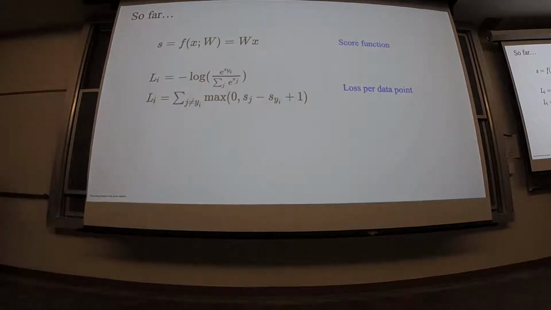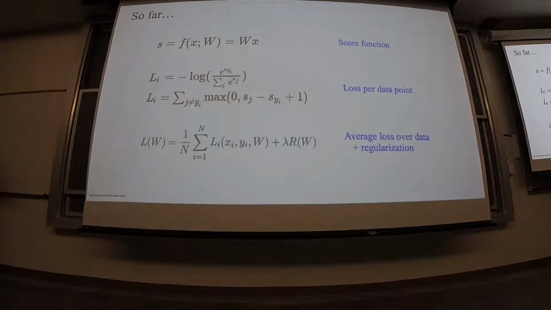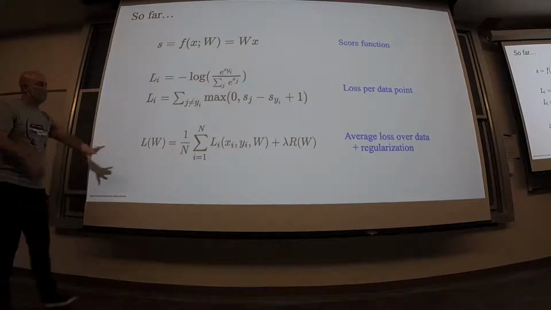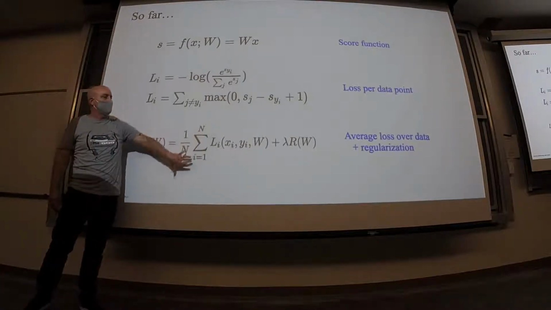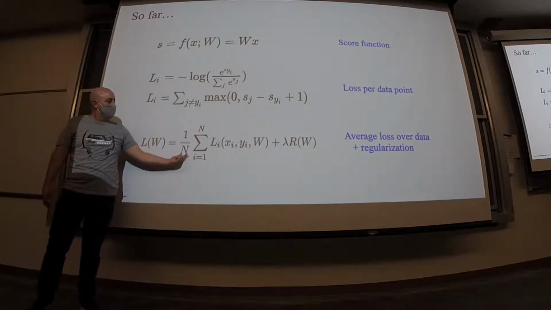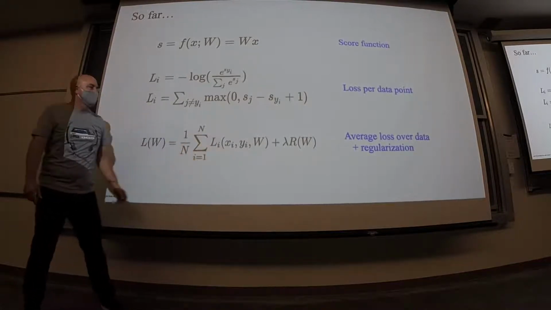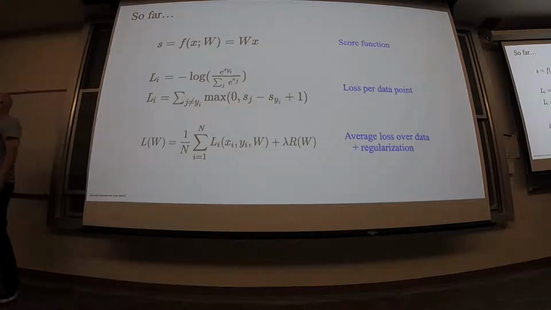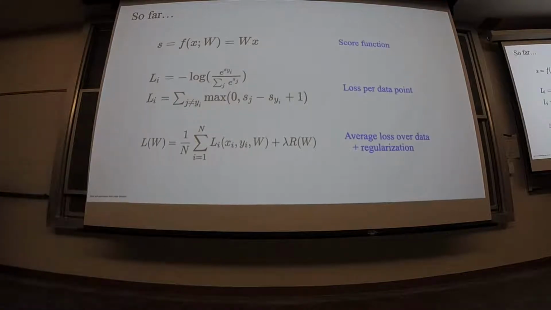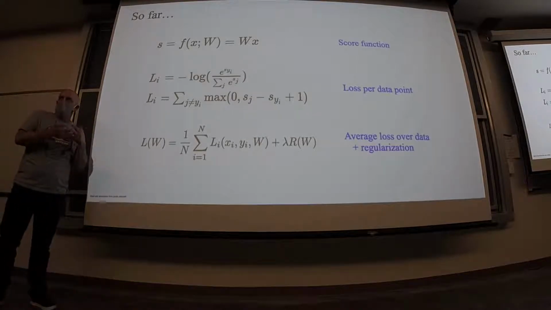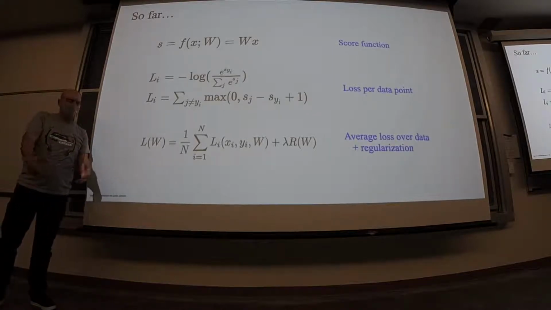We use that per data point, and of course we talked about getting some notion of the loss over the entire data set. We often do that as the average loss over all the points in your data set. We also often add a regularization term that specifies something that we prefer about the way the weights look.